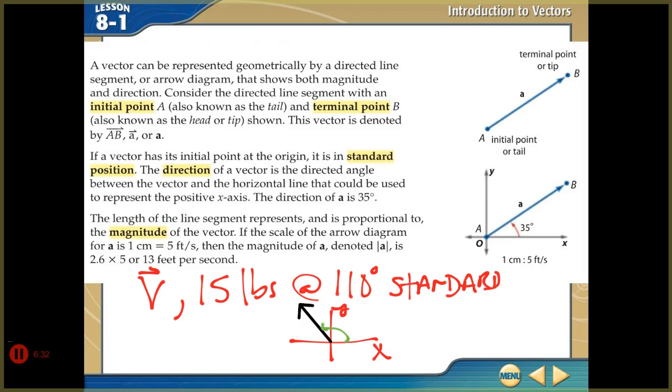So there is 110, and then my magnitude on that would be 15. So that's my standard position, and that should hopefully make sense. It's the same way we've done angles before in our unit circle.